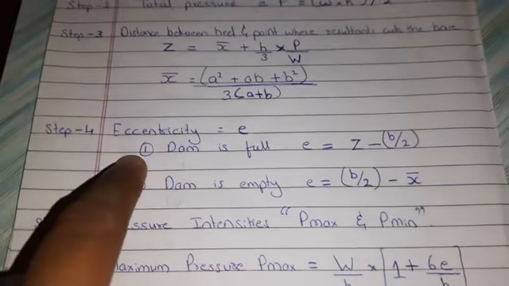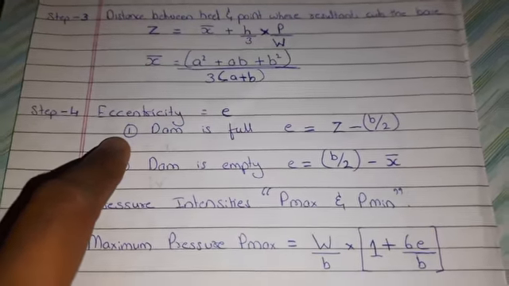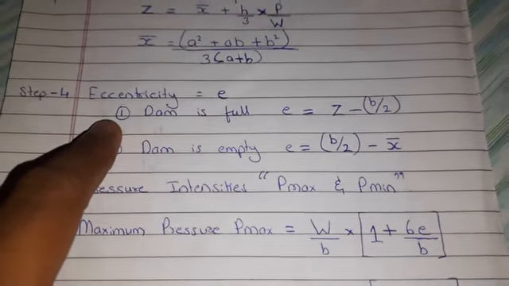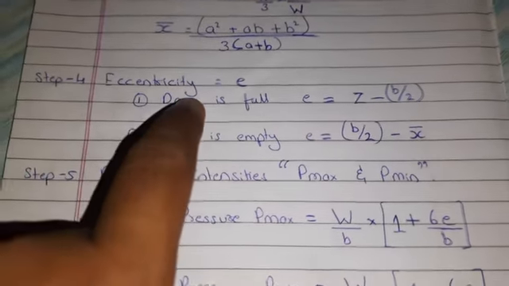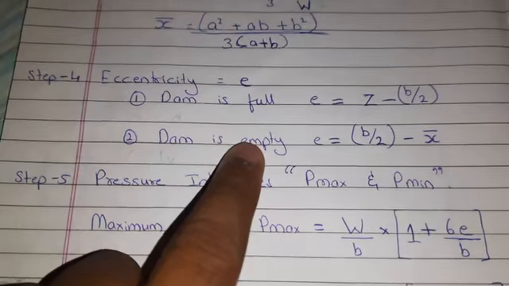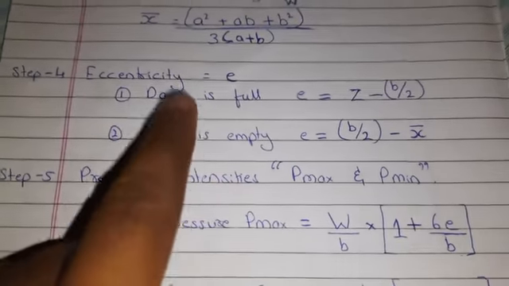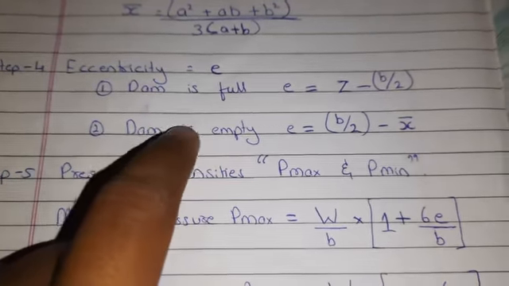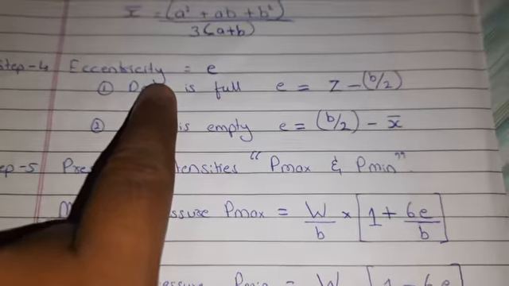Sometimes in the question, conditions will be given: determine the pressure intensities when the dam is full, or when the dam is empty, or sometimes when the dam is full and also when it is empty. Based on the condition, you have to go for the equation of eccentricity.